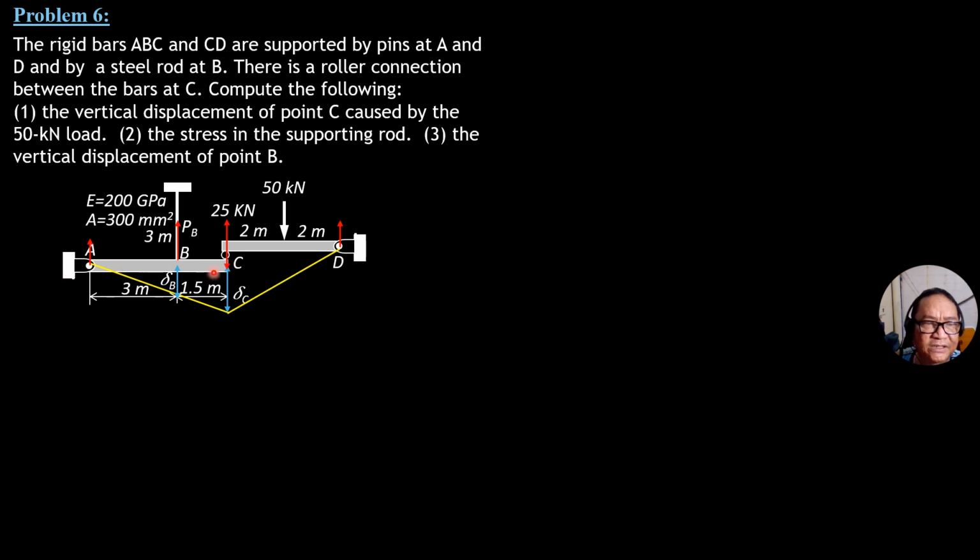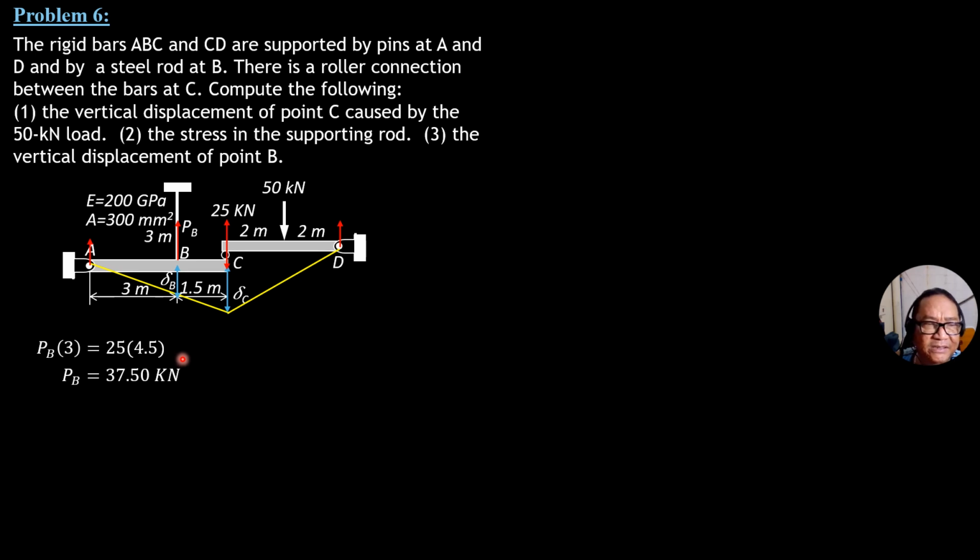So let's consider ABC. We sum up moments about A equals 0, then we can solve for P sub B. Summation of moment about A equals 0, P sub B times 3 equals 25 times 4.5. So P sub B is equal to 37.5 kilonewtons.